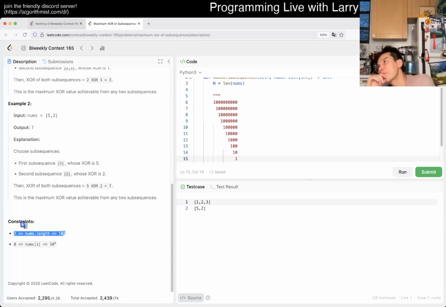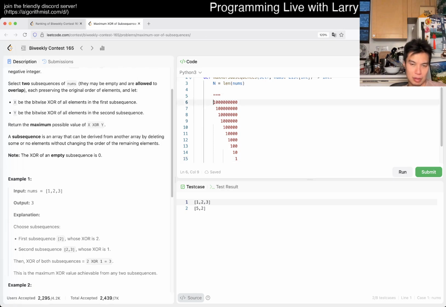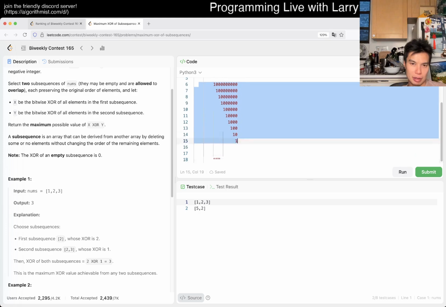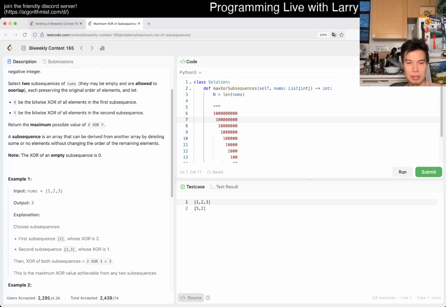Is that true? Maybe that's not true actually. Is this actually the worst case? You don't, okay, so the number of numbers don't matter. It's just whether you could get a number. So, okay.